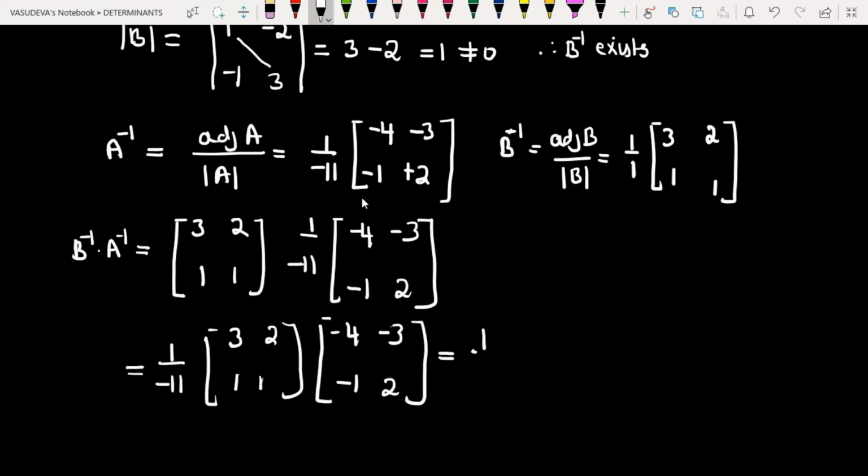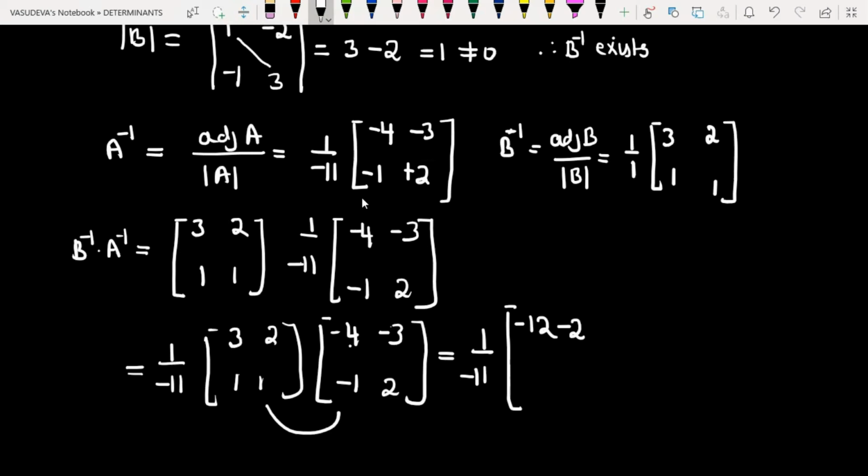So multiply these two matrices. Therefore, we are multiplying first row and the first column: 3 into minus 4 is minus 12, 2 into minus 1 is minus 2.